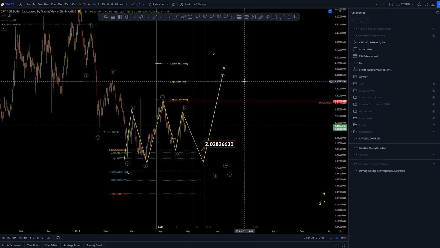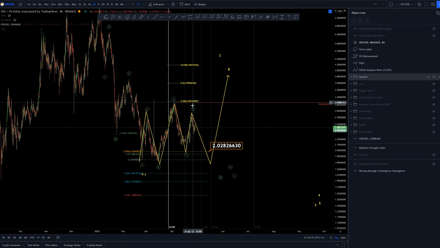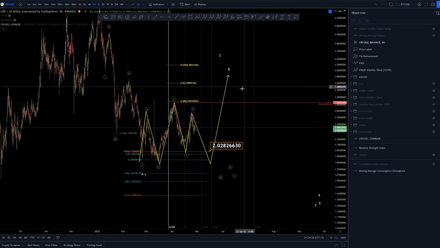So there's 2 scenarios that we're looking at. Easy invalidation point, and is to look at how this develops here. Whether it develops into a 5-wave structure on a smaller degree, we can be looking more downwards.